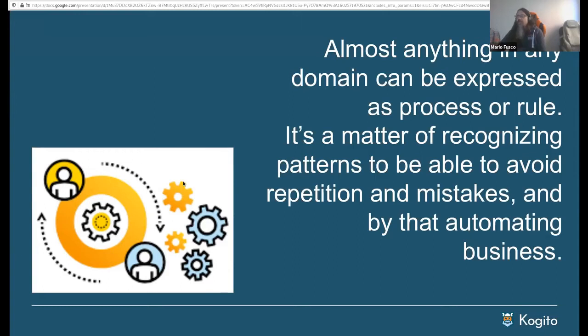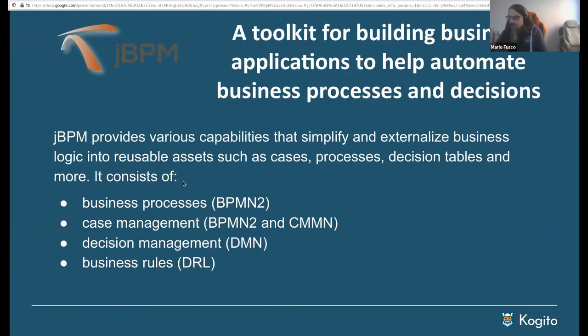So with these two items, you can really express all your business logic. jBPM is based on a standard, which is BPMN 2, and it is also integrated with another standard that I will mention later with the latest demo, which is called DMN, and of course it's also integrated with the rule engine, so with the Drools rule language that I showed just before.